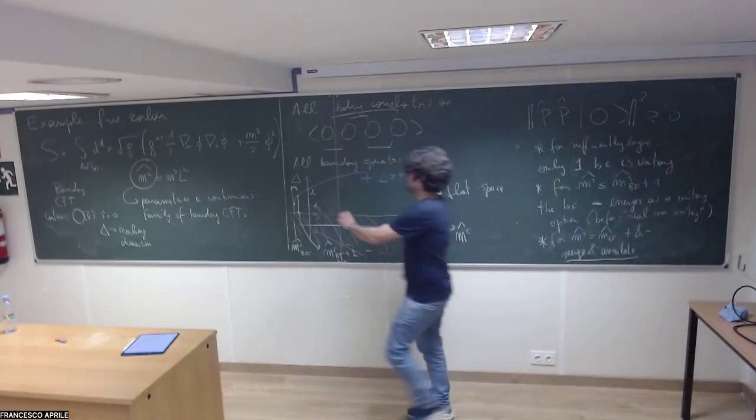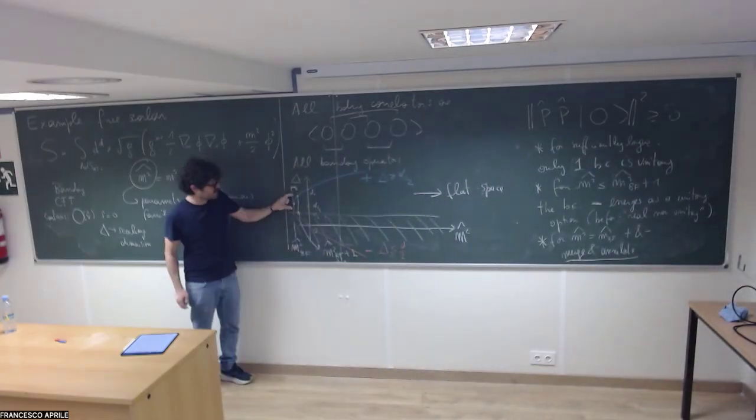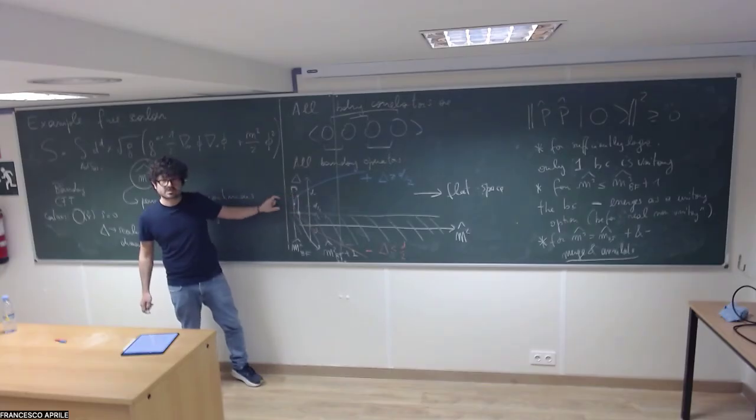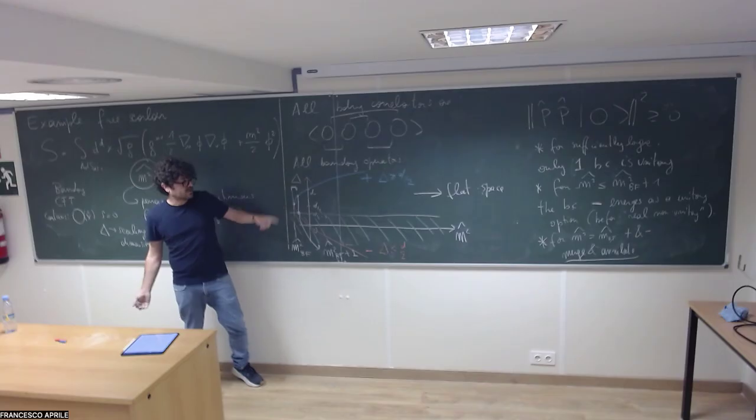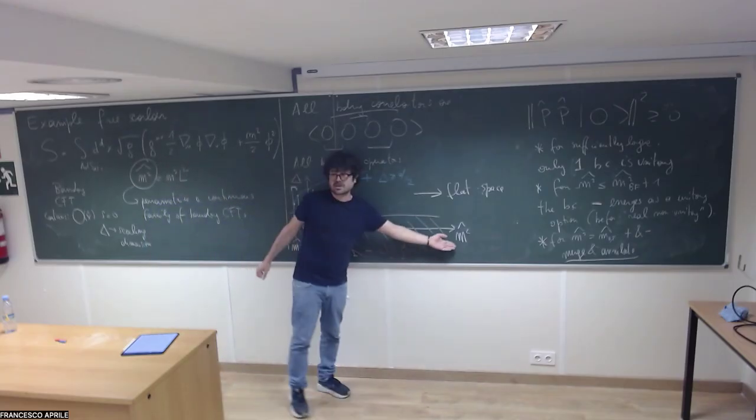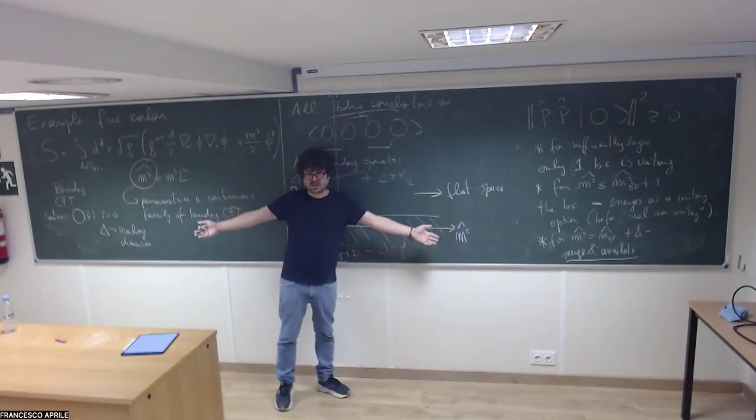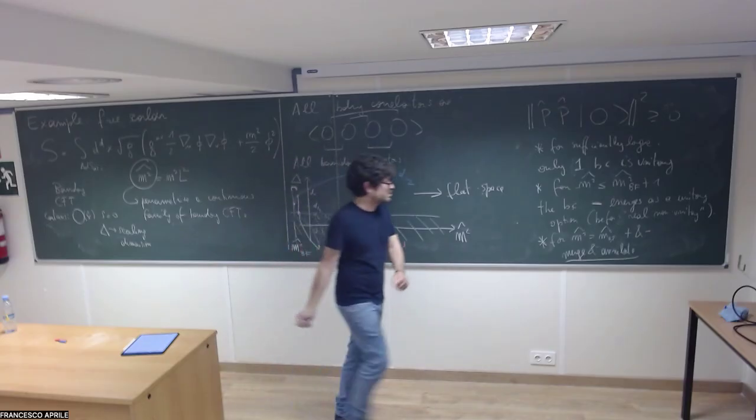You see, if I try to continue below this point, these two solutions become complex. They stop existing, so they are not allowed anymore as boundary conditions for my system. This is interpreted as an instability. This is very clearly an instability, right? Because I'm making the mass too negative. If I make the mass too negative, there is an instability in my system.